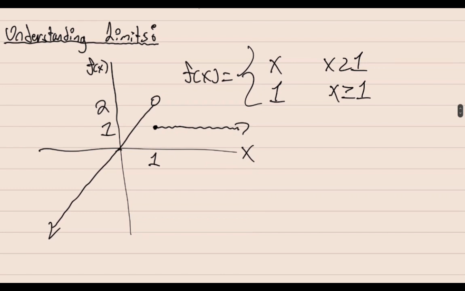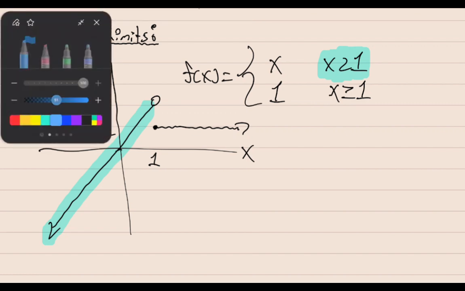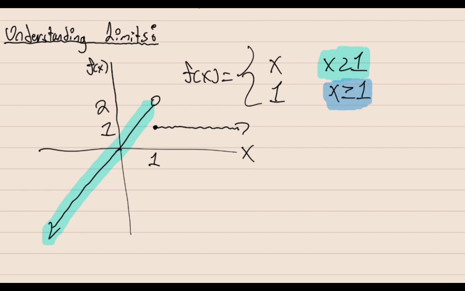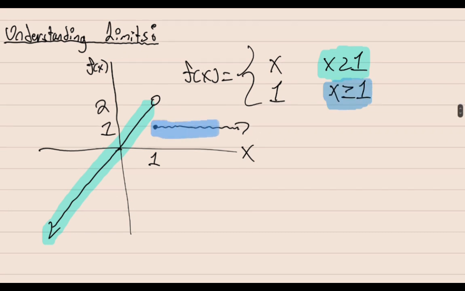Basically how these work is that they give you a domain restriction, and they give you your function that's actually there. So in this case, for all x values less than 1, we have this function here. And for all x values greater than or equal to 1, we have this function right here. And this open dot basically tells us that it's not defined there for x equals 1.